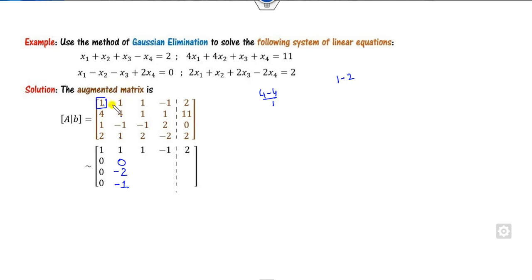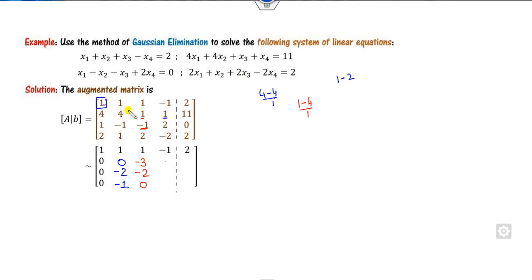Look at the next value. This value 1 4 and 1. So it is 1 minus 4 divided by 1 minus 3. Look at the next value. 1 minus 1 1 1 minus 1 minus 1 minus 2. Next value 2 minus 2 0 divided by box element. Look at the below value of this.